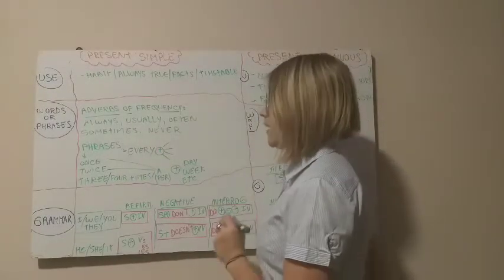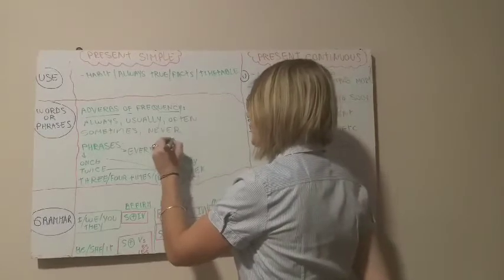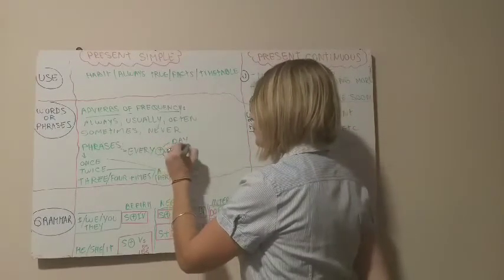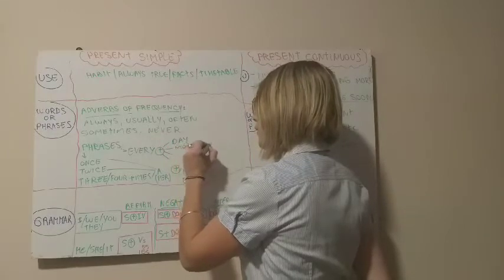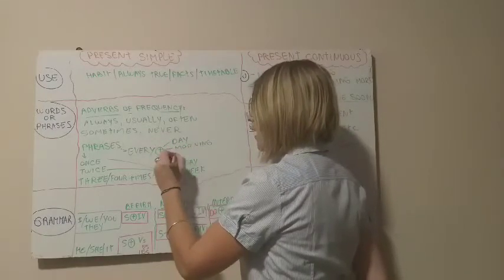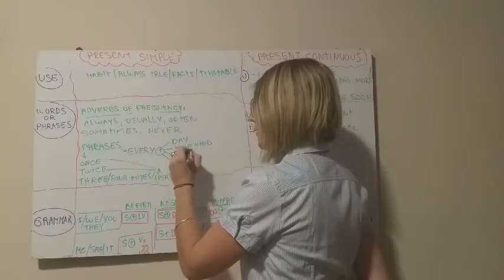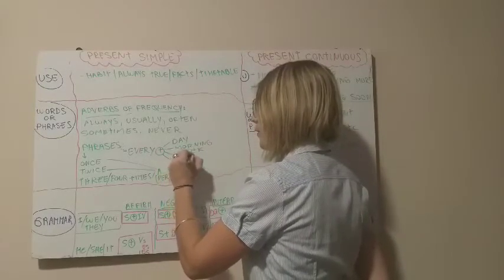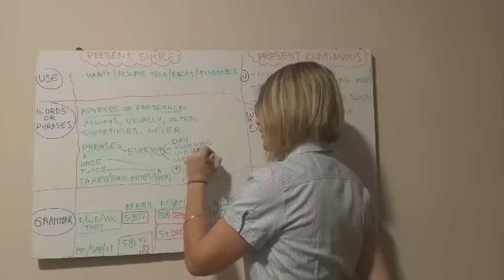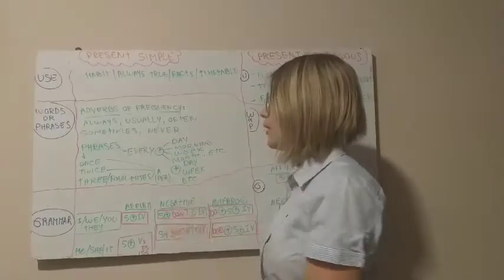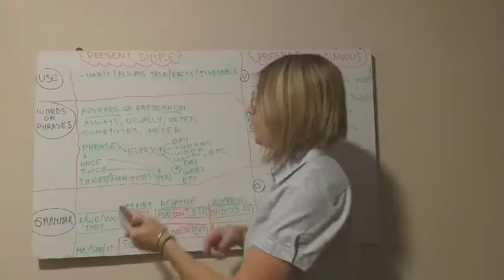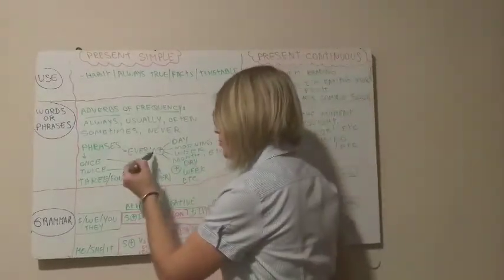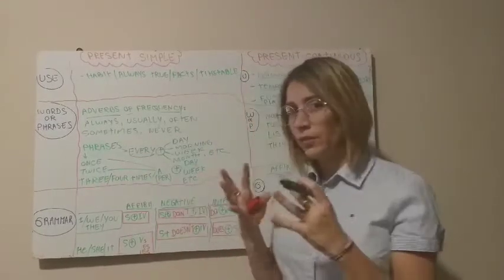For example, every day, every morning, every week, every month, etc. So here you can combine the word every with this word or more than this word, but you have to pay attention to this word, every.